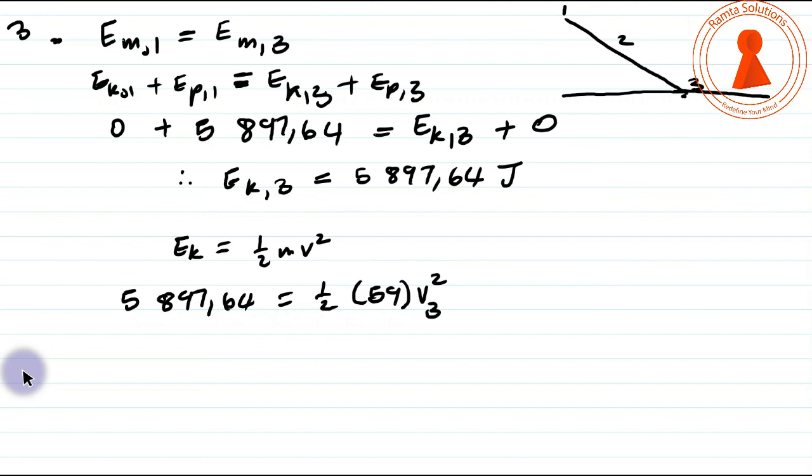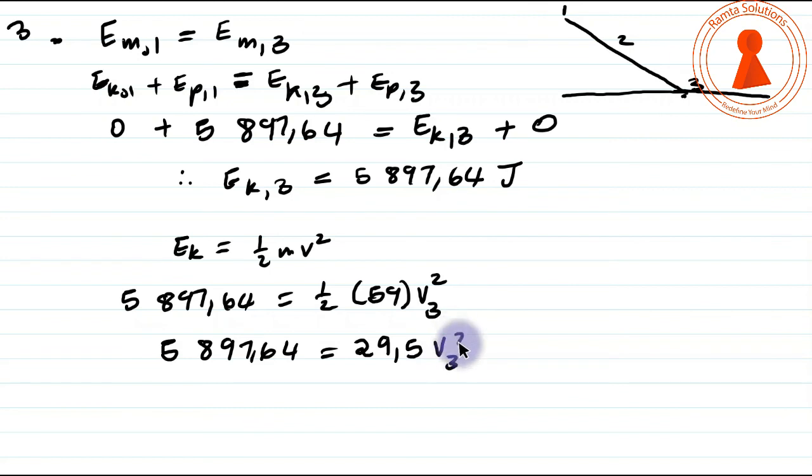Let me sort out the right hand side: 0.5 of 59, meaning half of 59 is 29.5. So 5897.64 equals 29.5 v3 squared.